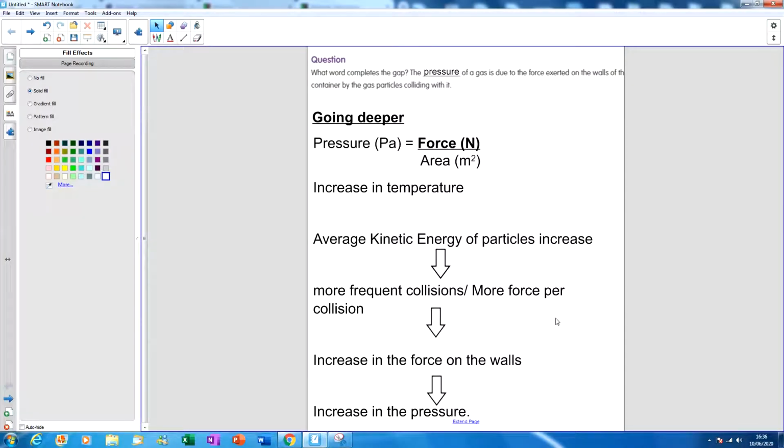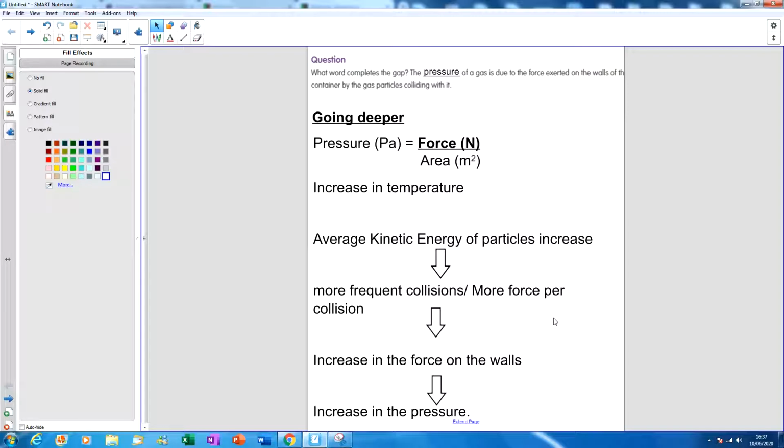So we always talk about how heating up a box with particles in, or a substance with particles in, we always talk about the effect that has on pressure going through a number of steps, and those steps are always the same.